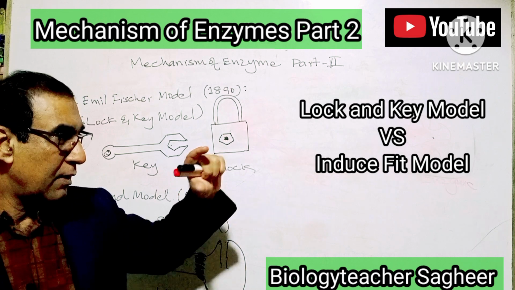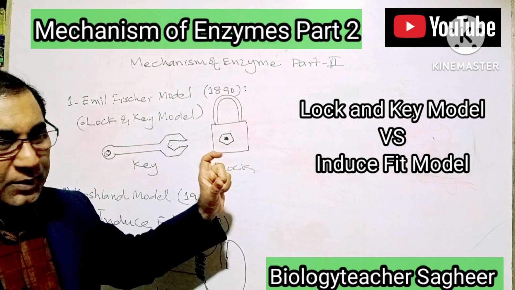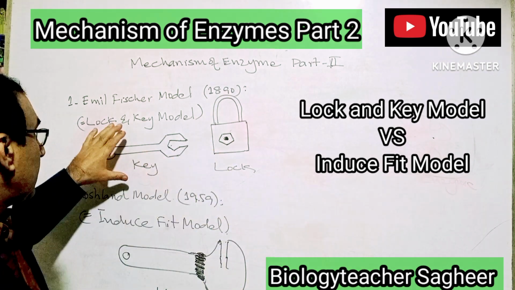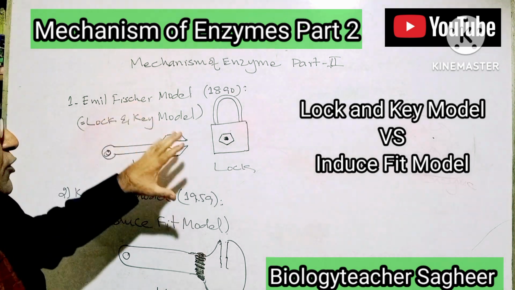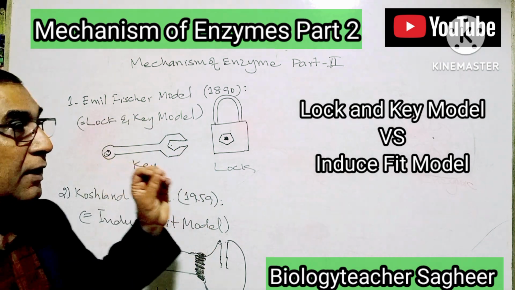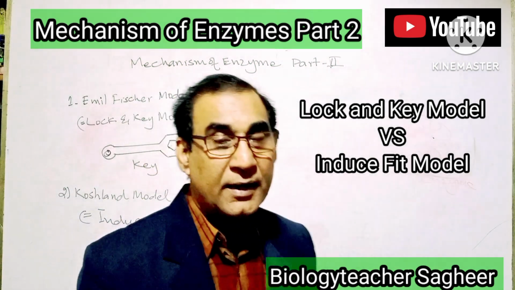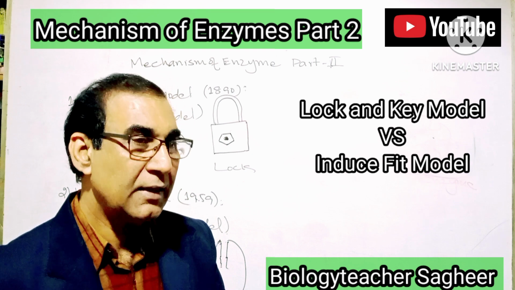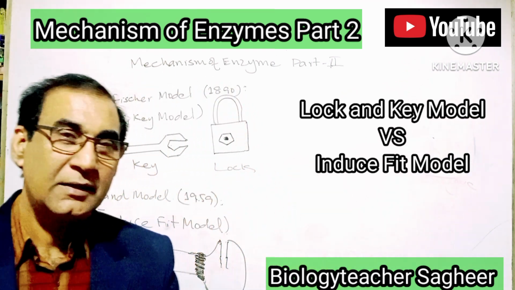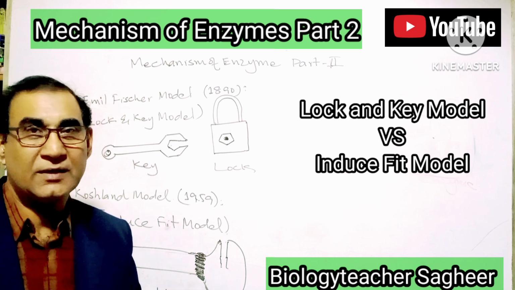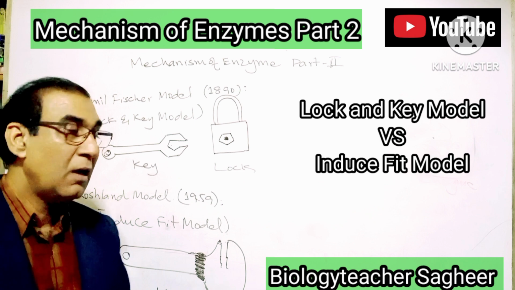Their size is specific, that cannot be changed. This was the model presented by Emil Fischer. He said that the structure of the enzyme, its catalytic site and binding site, is a hard structure, a specific structure that is not changed.